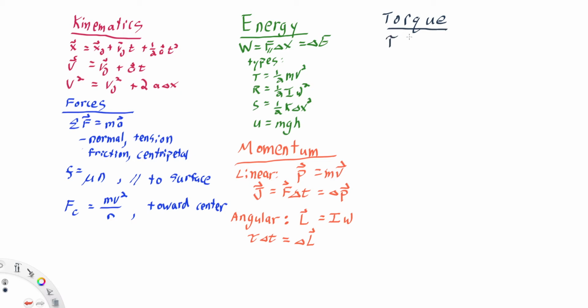A torque is caused by a force acting perpendicularly to a lever arm. And the rotational version of Newton's second law is that the sum of torques equals I alpha.